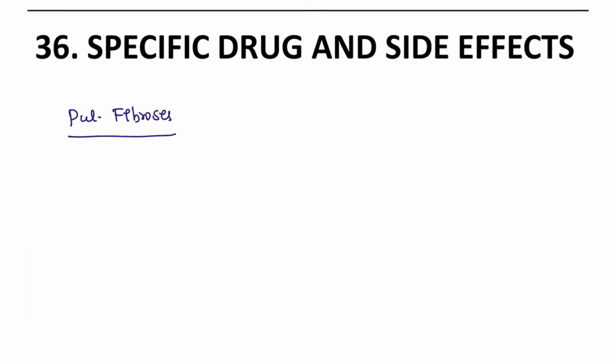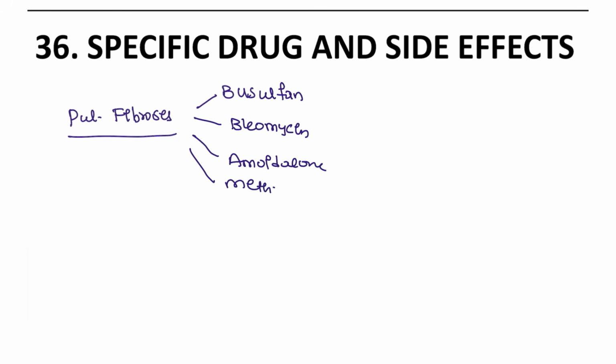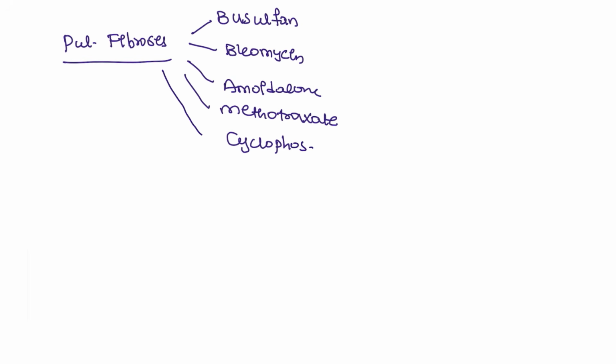In pulmonary fibrosis, the drugs associated start with B: busulfan, bleomycin, and also amiodarone, methotrexate, and also cyclophosphamide. These drugs are associated, and also nitrofurantoin.